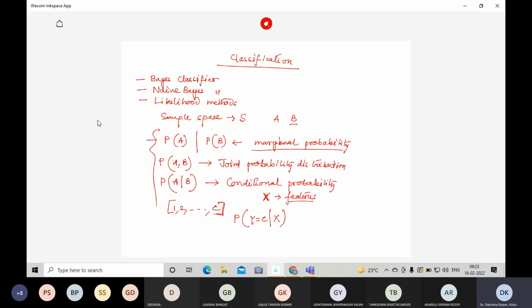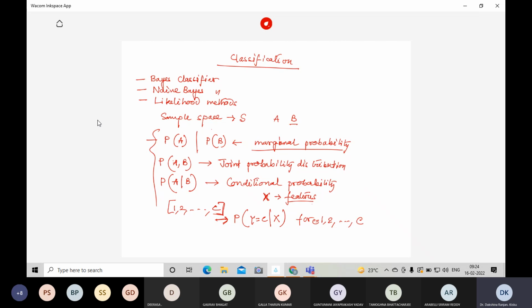So it is the probability of y at class c given feature vector x, for small c equals 1 to capital C, where capital C is the total number of classes available in the population. This is the first information.